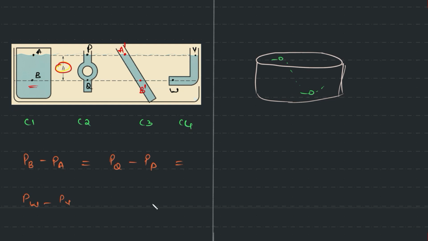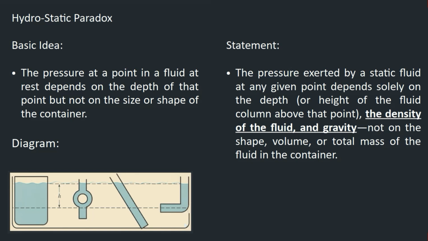Pressure is same for all the 4 cases, and this is called the hydrostatic paradox. The basic idea is that the pressure at a point in a fluid at rest depends on the depth of that point, but not on the size or the shape of the container. The size and the shape will not matter.